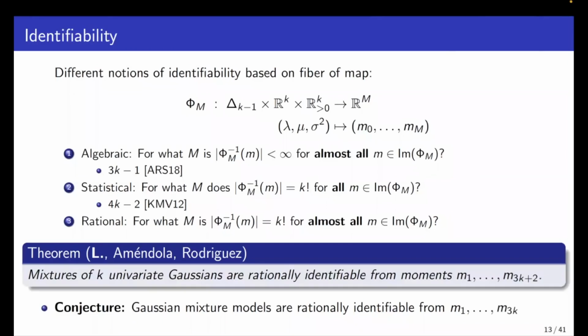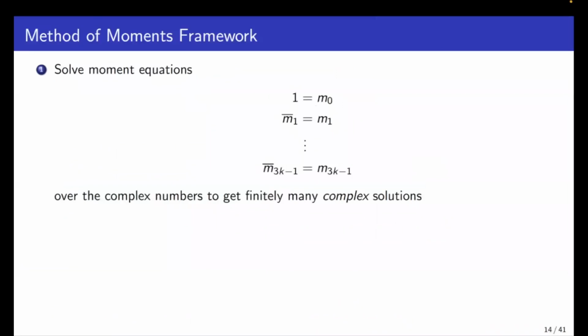And the algorithm that you described, where you stop at 3K minus 1, was because you want to first check the algebraic step, and then move to the rational identifiability? Yeah, that's right. Once we're at this step, with this finite number of complex solutions, we know it's generically constant.